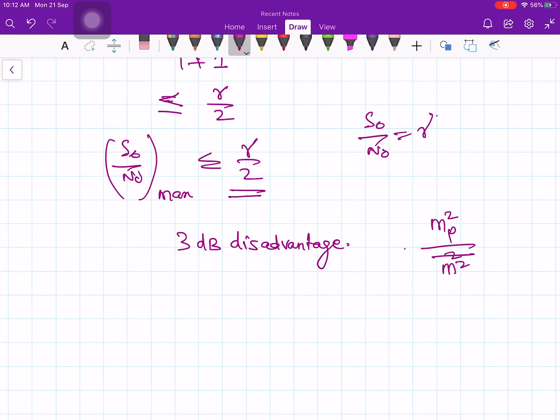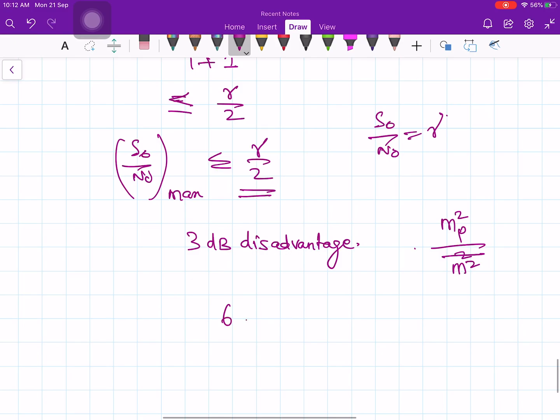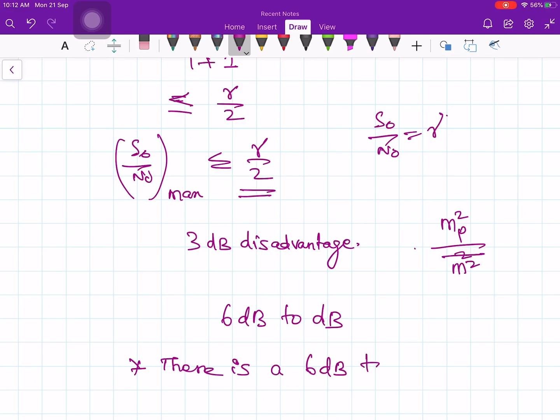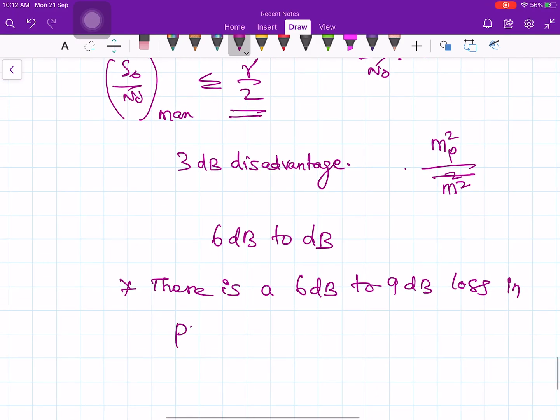So typical figures are more than 6 dB to 9 dB loss. Okay, so there is 6 dB to 9 dB loss in power efficiency in your AM with carrier.